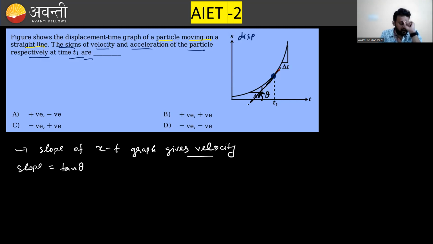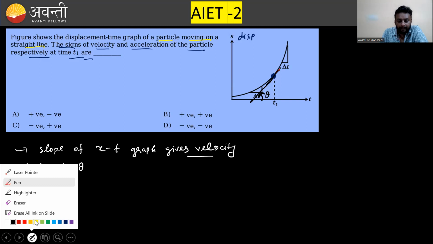So if you know about tan theta, until theta is acute, or you can say up to 90 degrees, just before 90 degrees, tan theta is positive in the first quadrant. Clear? In the first quadrant, tan theta is positive.